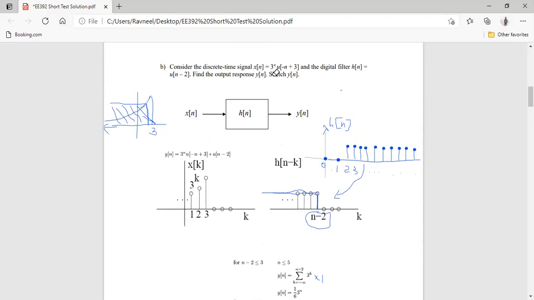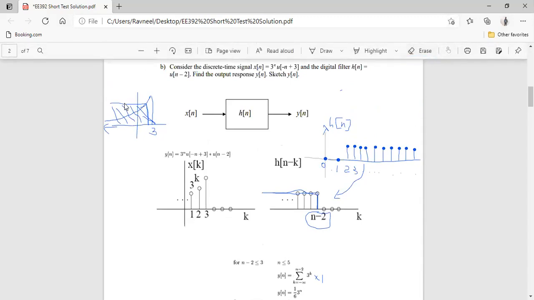Now, the graph of h of n minus k, the other situation: when n minus 2 is greater than 3. What happens if n minus 2 is greater than 3? That is, if the graph starts after 3, somewhere over here.